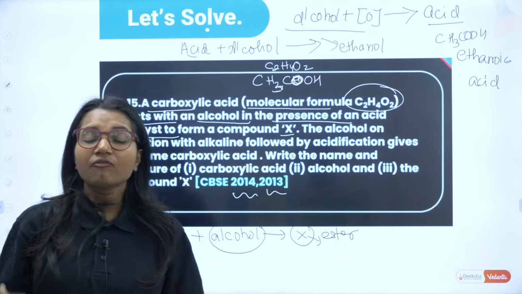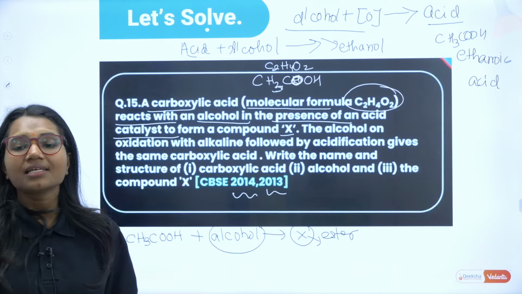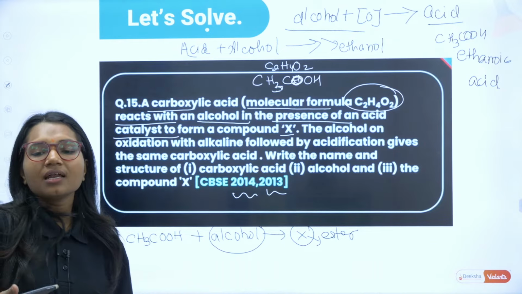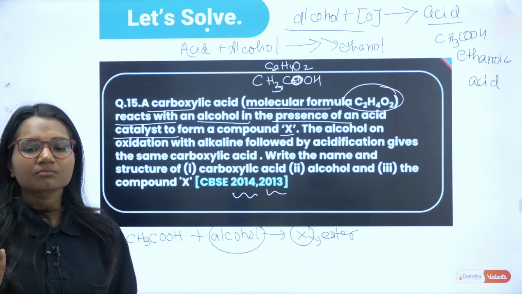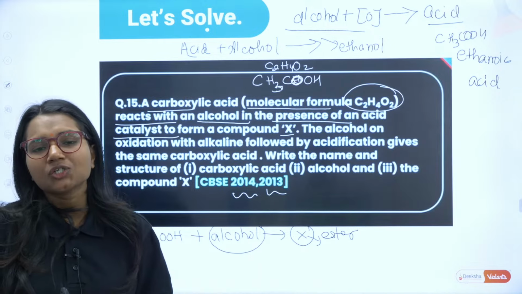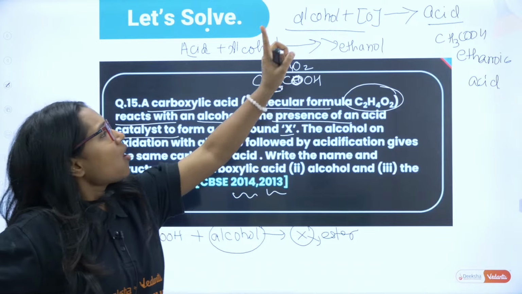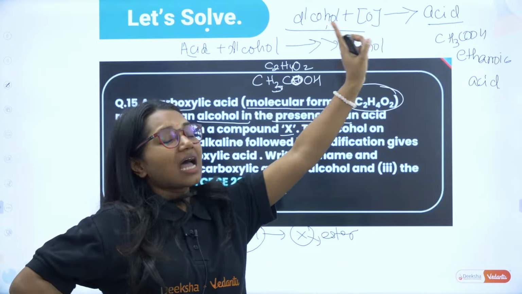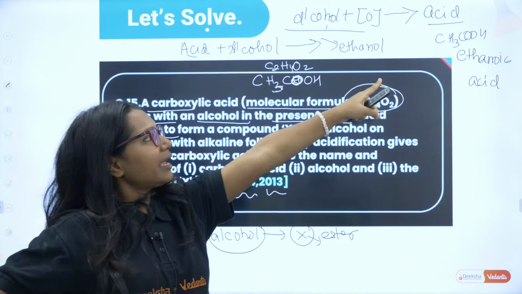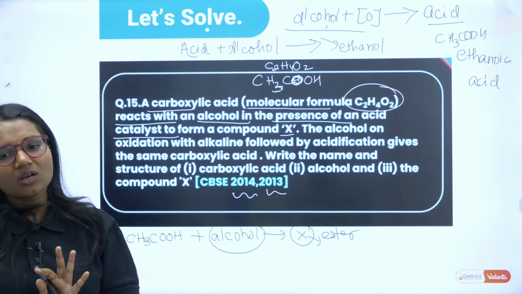Correct? In the first step, we have found out that the acid is ethanoic acid. Later we told that we are doing the oxidation of that alcohol and getting the same acid. Oxidation of alcohol means acid. You are getting here acetic acid. Acetic acid we can get through ethanol. Correct?